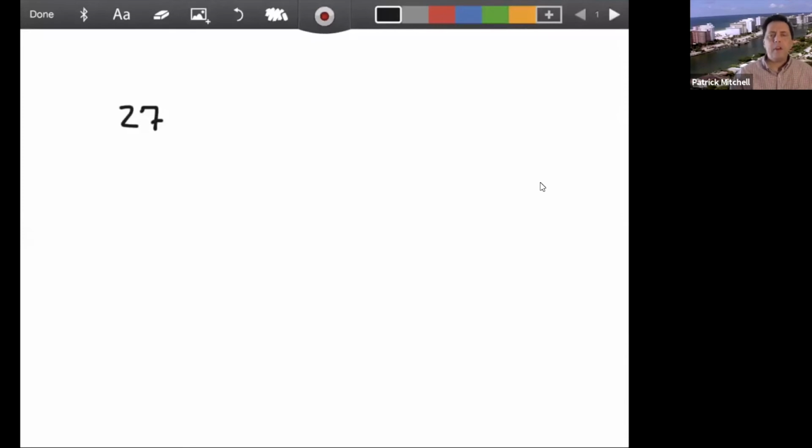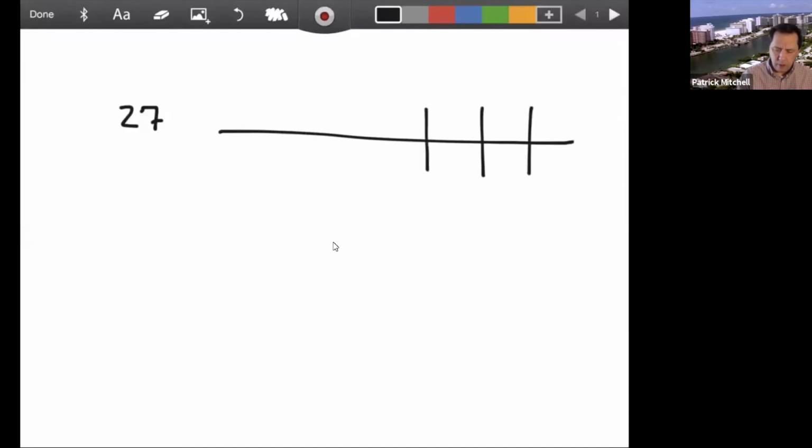Okay, so we're trying to convert the number 27 to base 2. The first thing I'm going to do is set up my base 2 system. Maybe I don't know ahead of time how many numerals it's going to take to write this number in base 2.